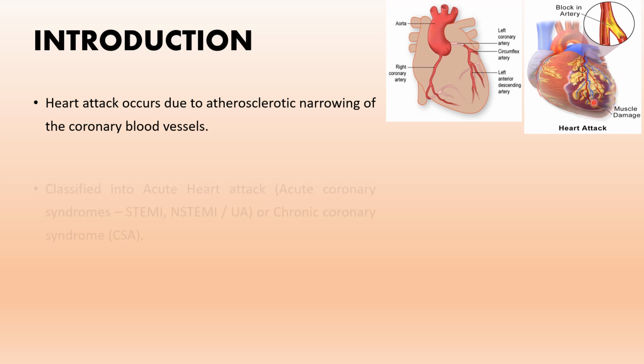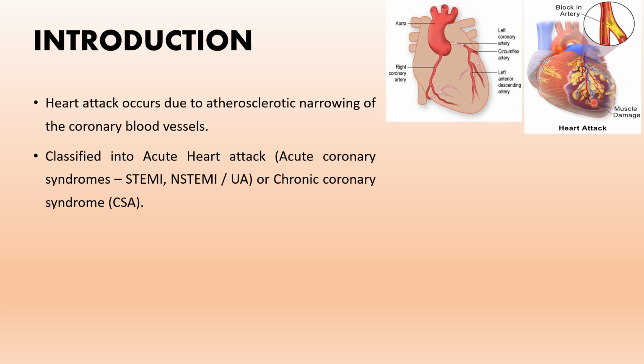So we classify heart attack into acute and chronic. Acute means emergency or urgency, where the patient suddenly develops chest pain due to sudden obstruction of the heart blood vessel. Chronic is what we call chronic coronary syndrome, where there is gradual narrowing of the coronary blood vessel, eventually leading to complete occlusion of the blood vessel.